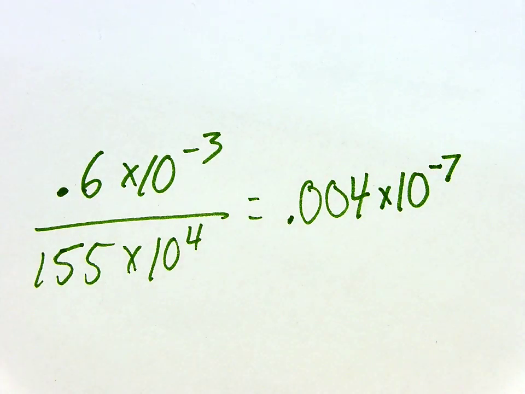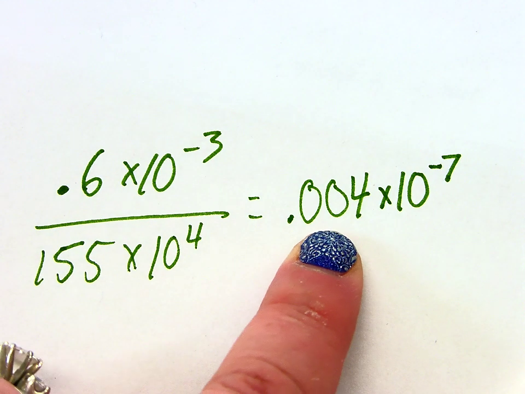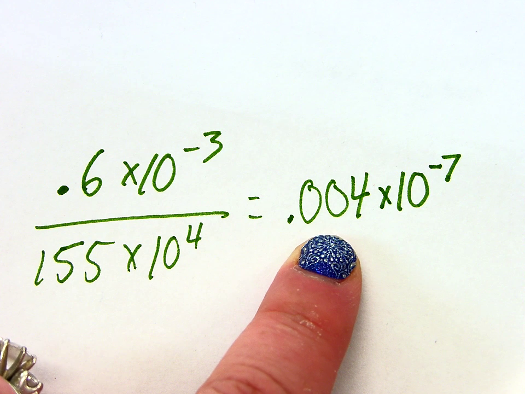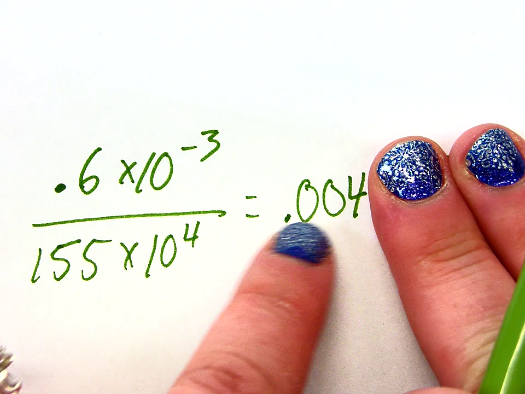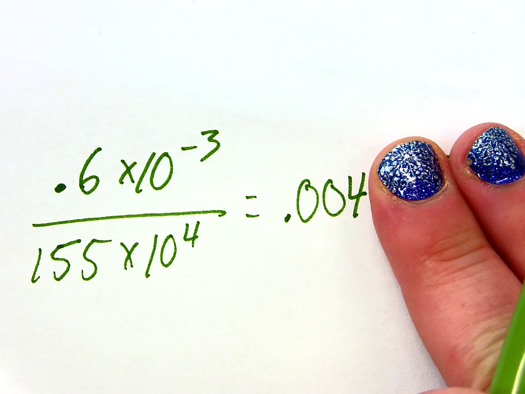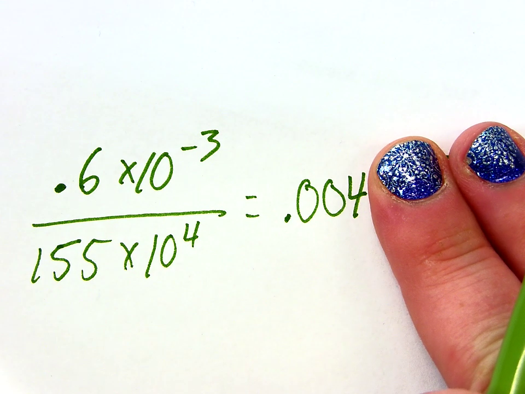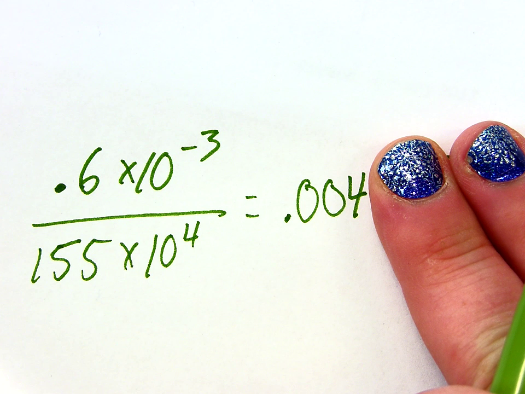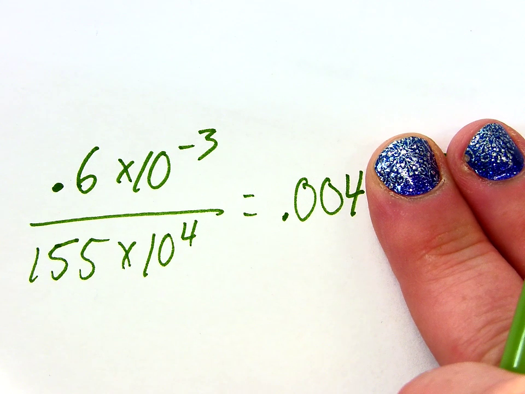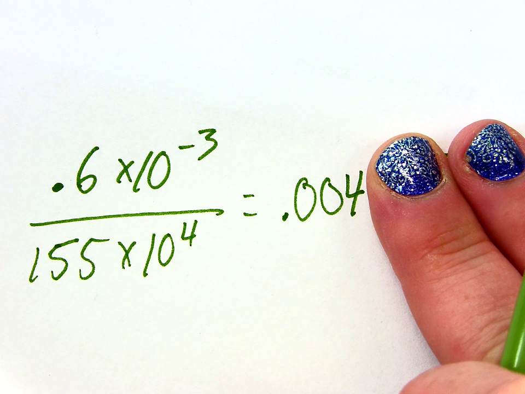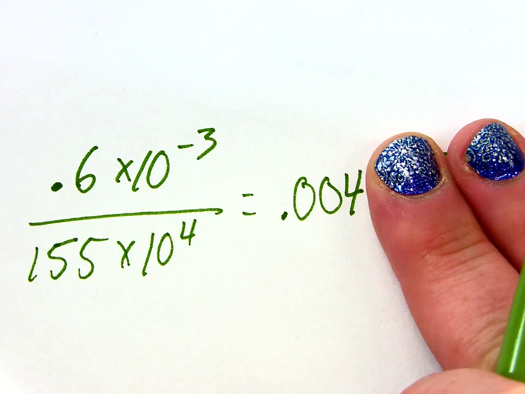So this time, that number is way below 1. When I go to change this, ignore the power of ten, just 0.004. If I want to write just that number in scientific notation, it would be 4 times 10 to the what? Negative 3. However many spaces you have to move it.